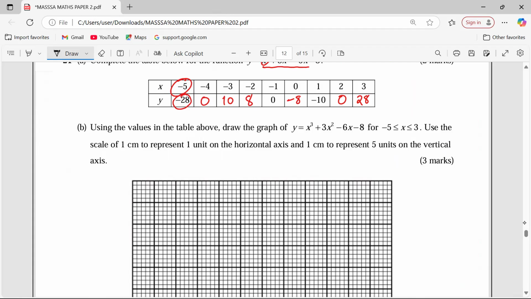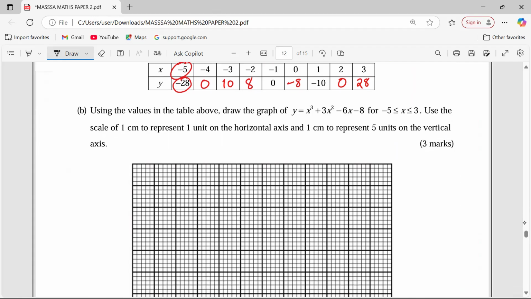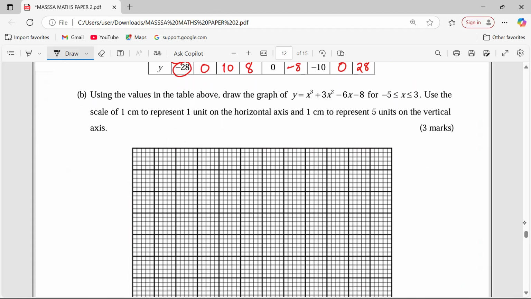Use a scale of 1 centimeter for 1 unit on the horizontal axis, that is the x-axis, and 1 centimeter for 5 units on the vertical axis. When the scale has been chosen by the examiner, we have no choice. You don't come up with your own scale. You have to apply what the examiner is talking about.